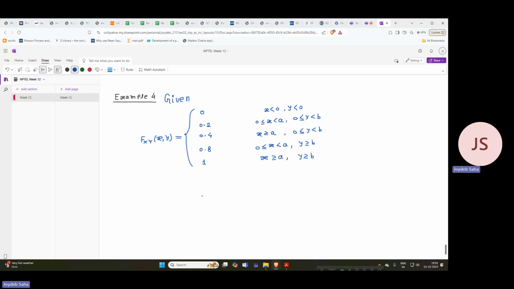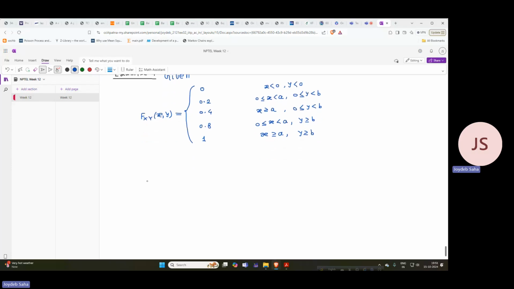The question is: find the marginal distribution of x. Find capital F of x. This is the marginal distribution of x, right?